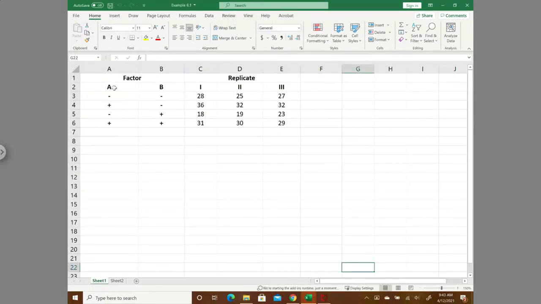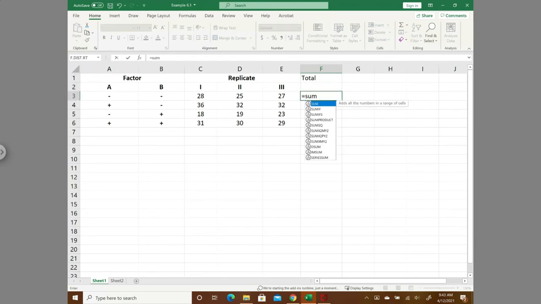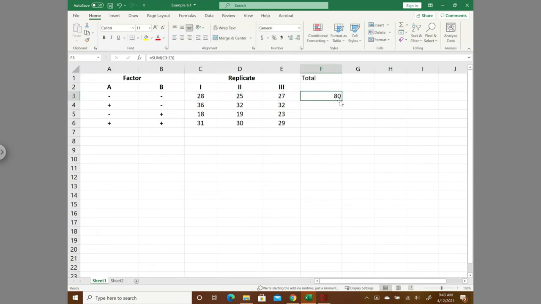Now we have factors A and B, their labels minus and plus, low and high, and we have replicate values. One thing we can do is add these totals here: the sum of these three observations, and then we can just scroll them down.